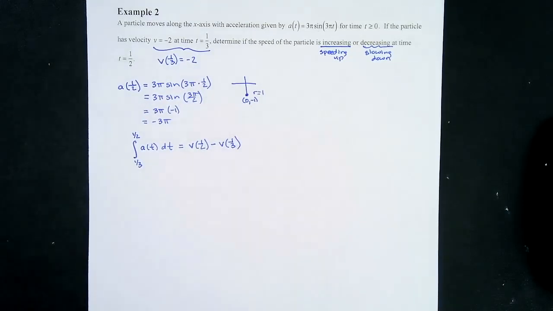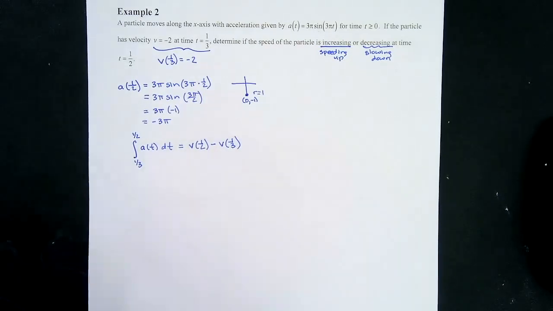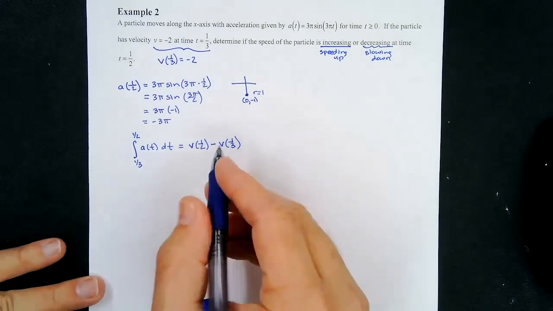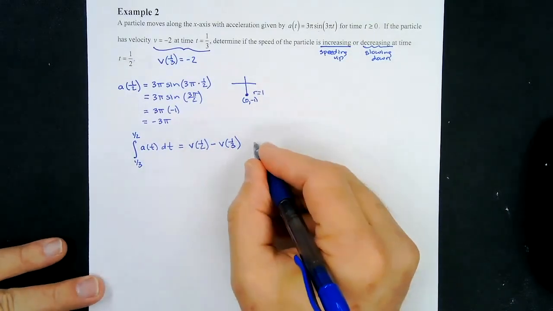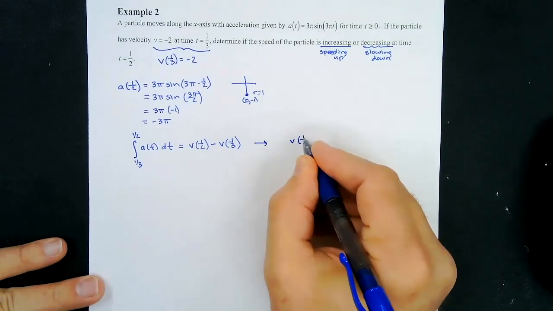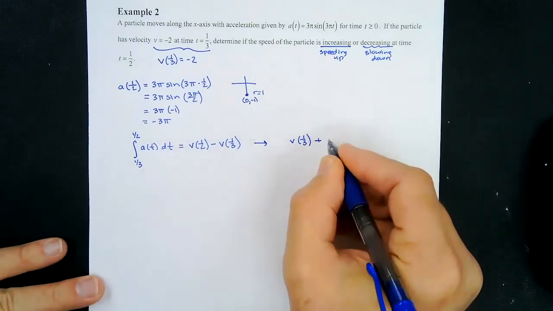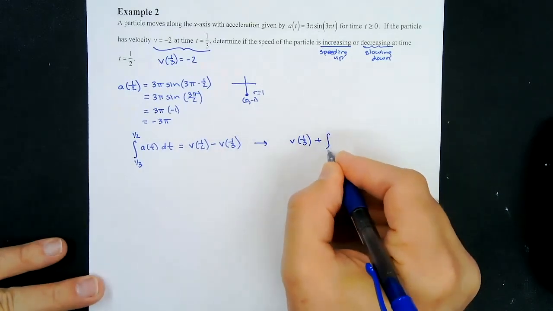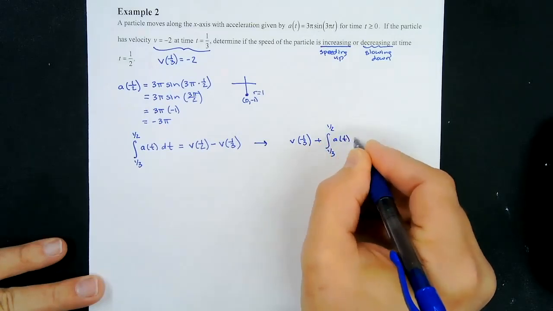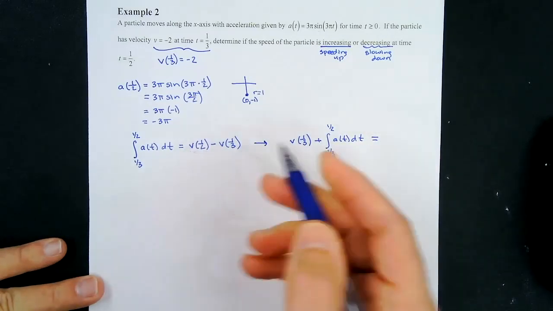All right. So, I mean, there's different ways we can do this. Okay. We can move the v of 1/2 over to the other side and do all that, right? But what ultimately happens is that we can add v of 1/3 to both sides, right? And then we're going to have v of 1/3 plus this integral 1/3 to 1/2 of a of t. And we know that's going to come out to be this thing that's remaining, v of 1/2.